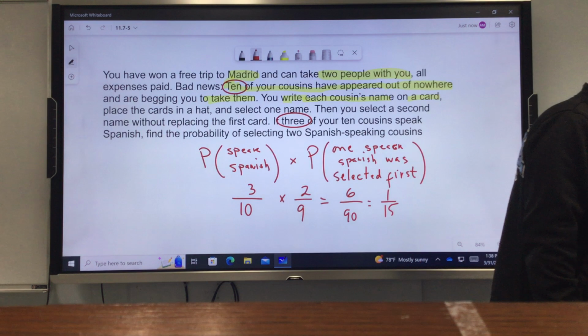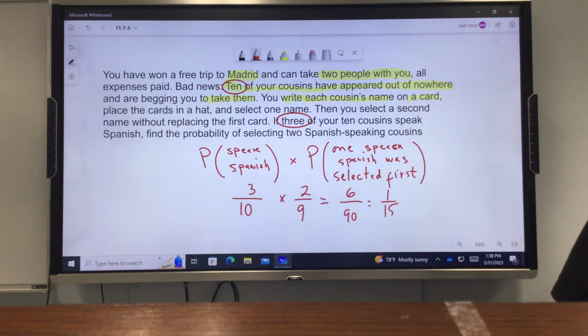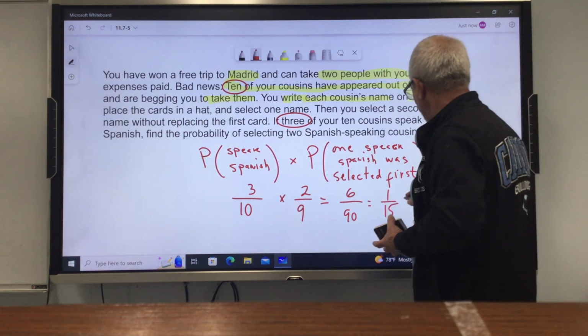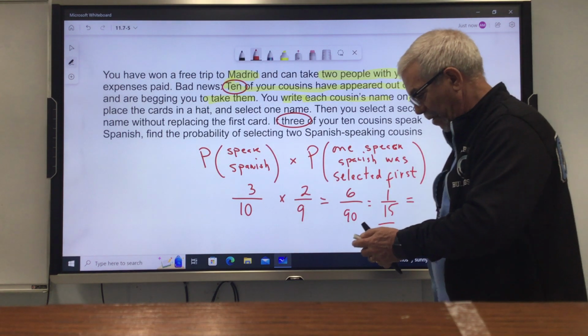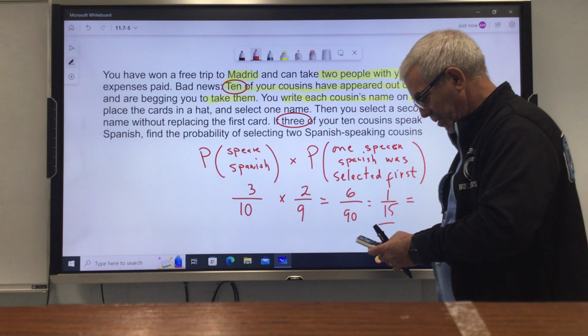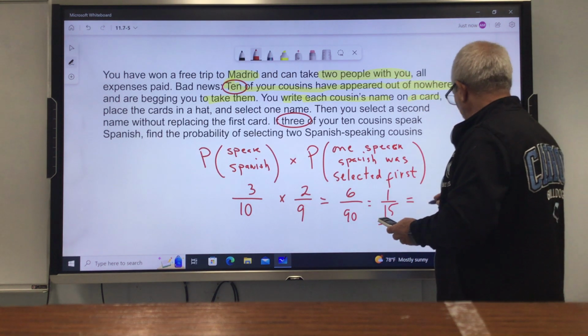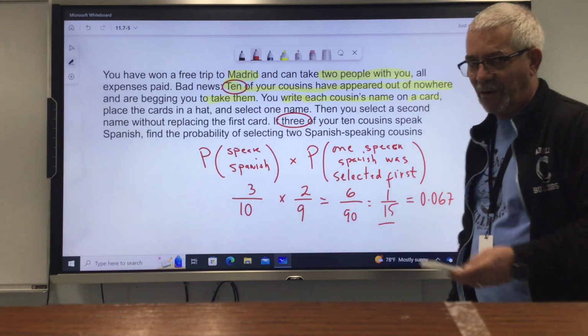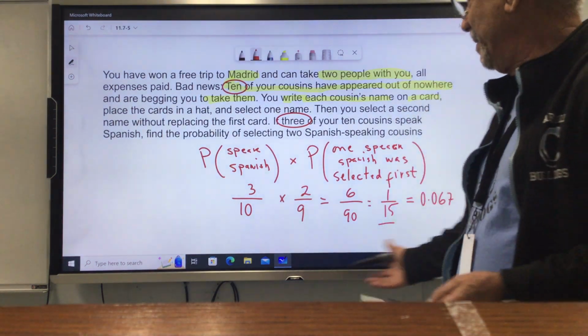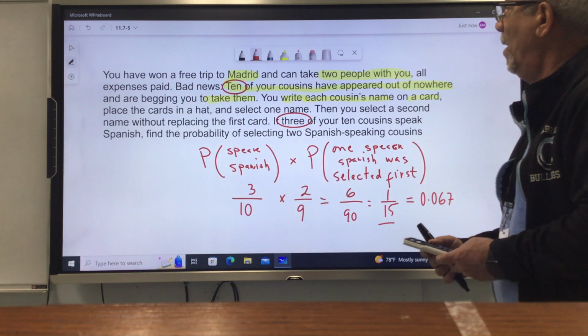I don't know if they want the answer as a decimal or as a fraction. If it's as a fraction, it would be that one. As a decimal, I need to divide 1 by 15, which is 0.067.